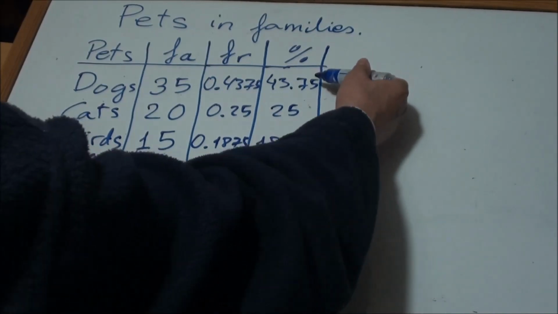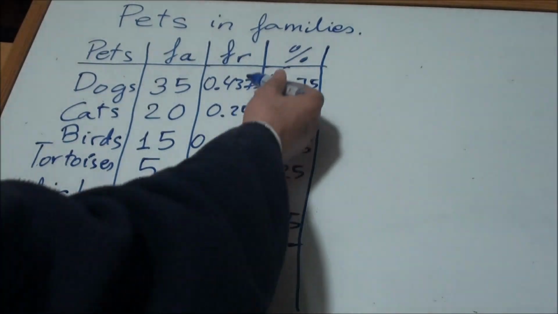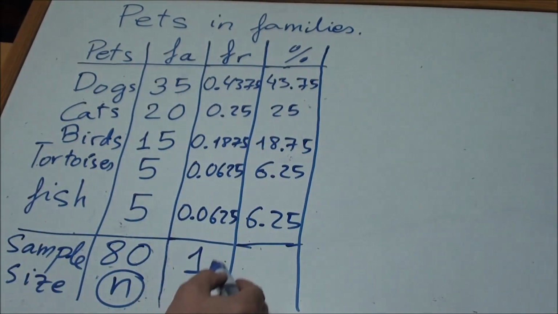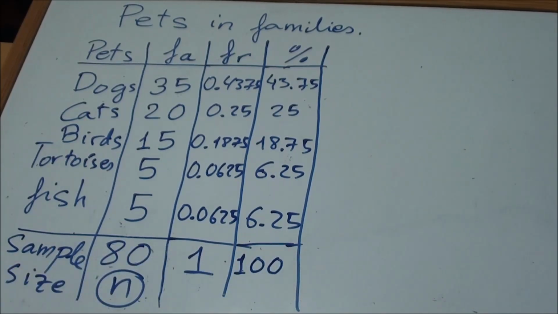6.25%. As we add all the percents, the same as for the relative frequency, we get 1. Here, if we add the percents, we will get 100%. Okay?